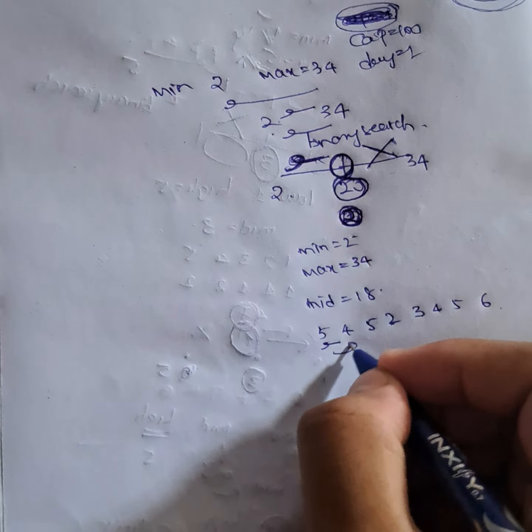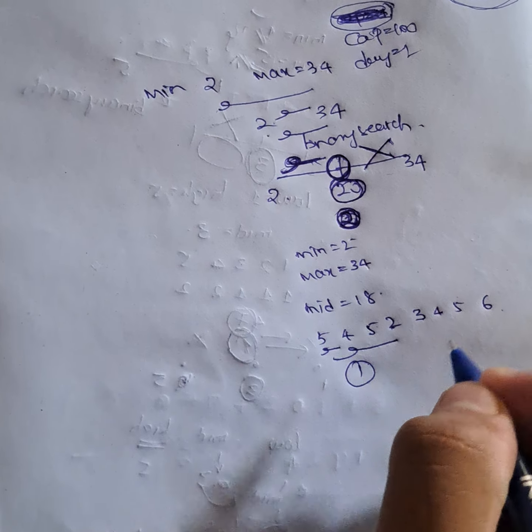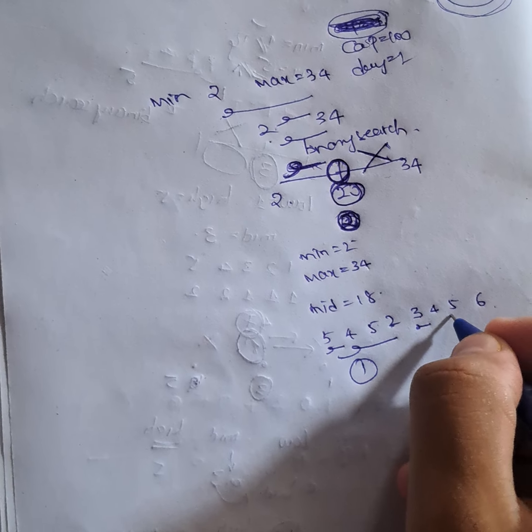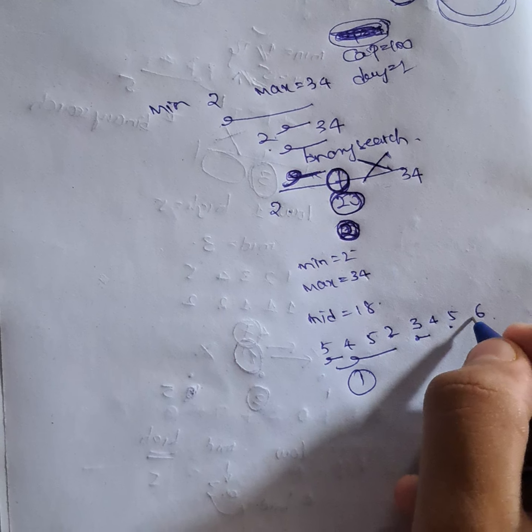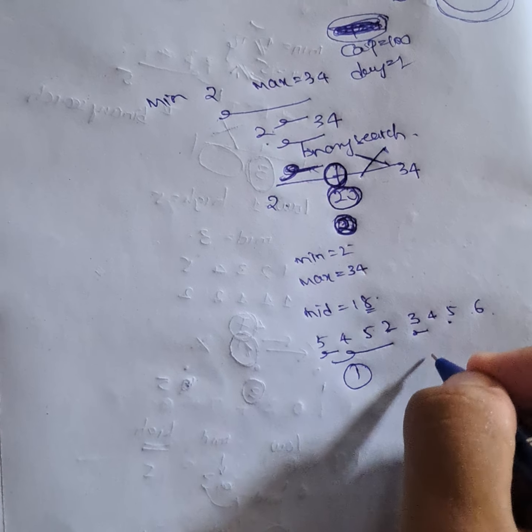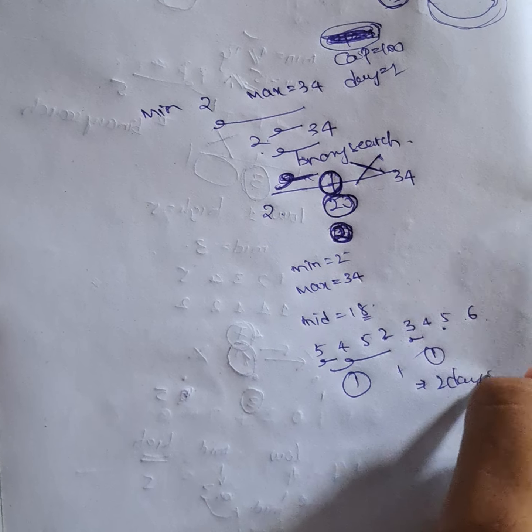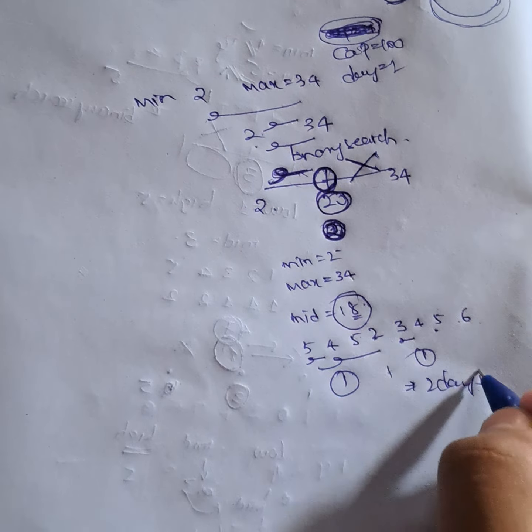We can ship up to this in 1 day, and then 3, 7, 12, 18 satisfies, so another 1 day. So total 2 days. With a capacity of 18, we can ship in 2 days.